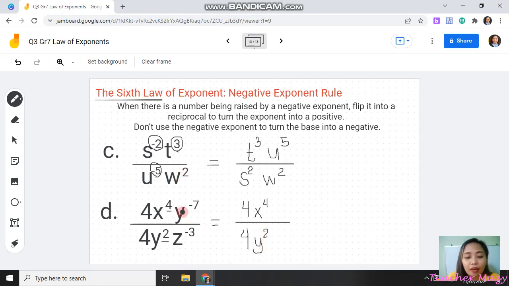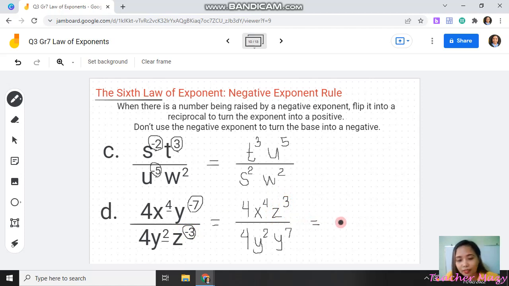And then we have y raised to negative 7. So ibababa natin. We will put this variable that has negative exponents sa denominator, and of course we have another one here. So itataas natin siya, and then its exponent becomes positive.